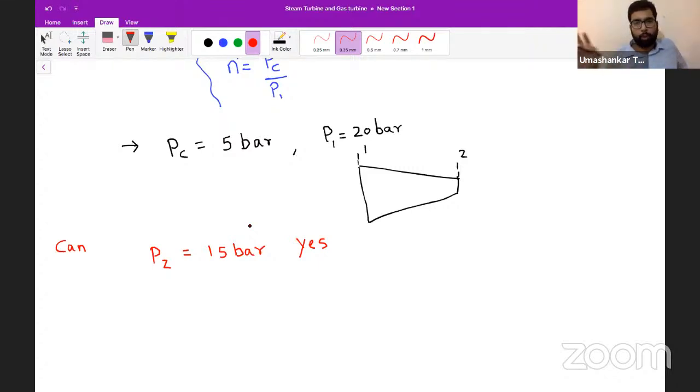No problem in that. So let me ask you again. Can the exit pressure of the nozzle be 10 bar? Is it possible? Yes or no? Think about it.